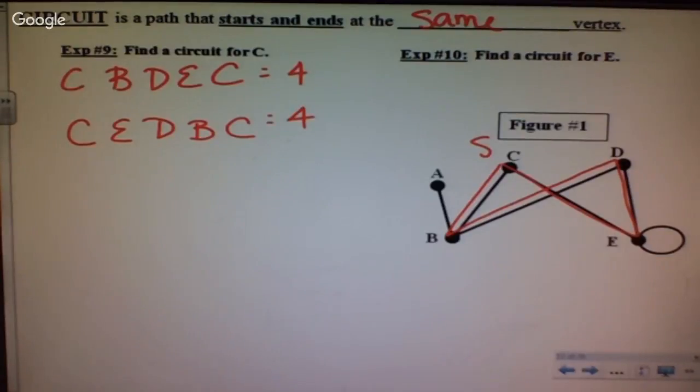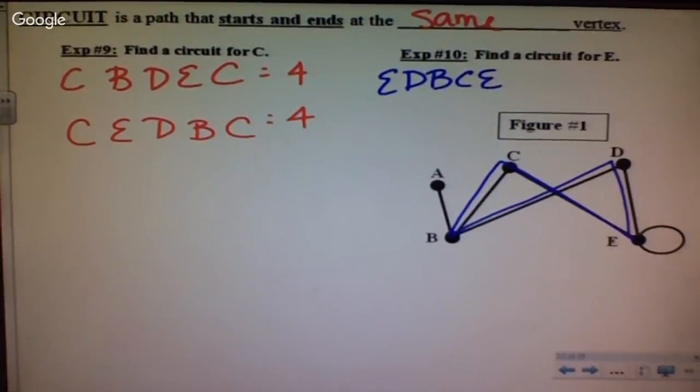Find a circuit for E. E to D, to B, to C, and back to E. Can you just do the loop? Oh dang.